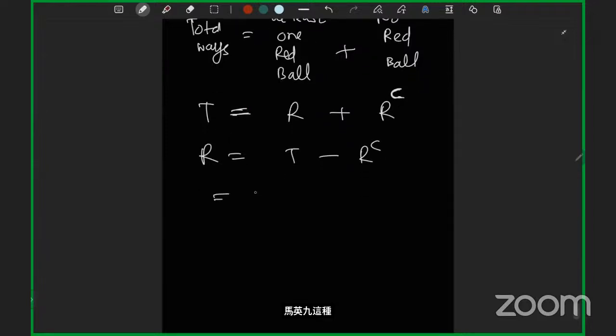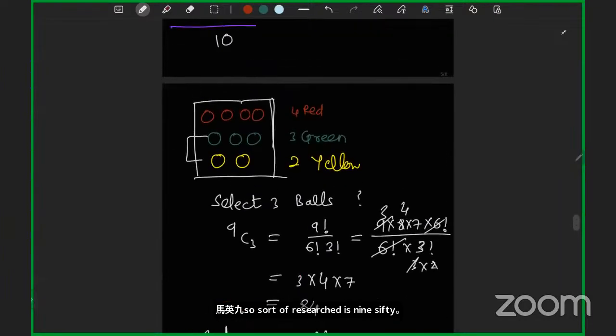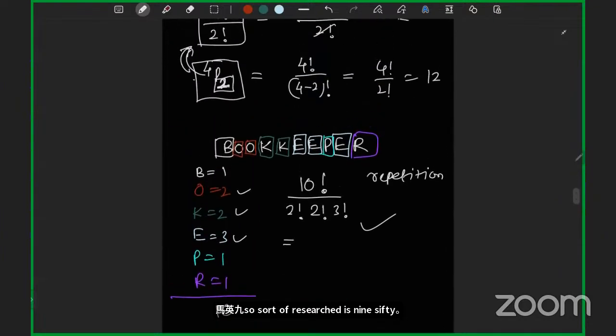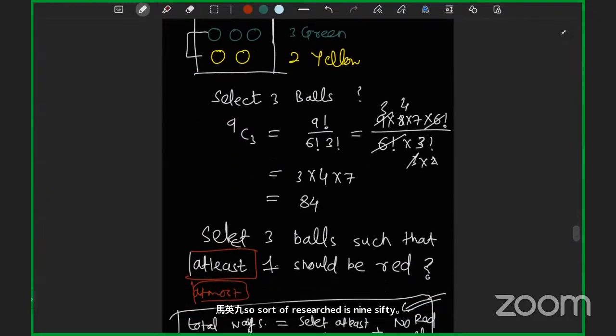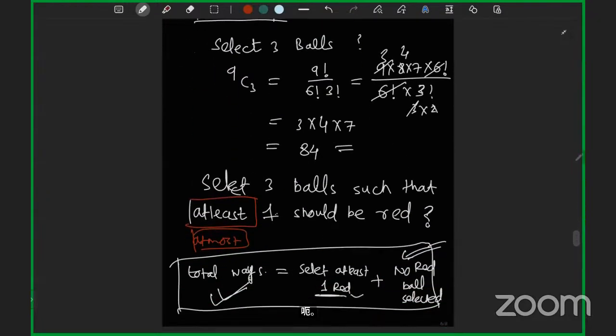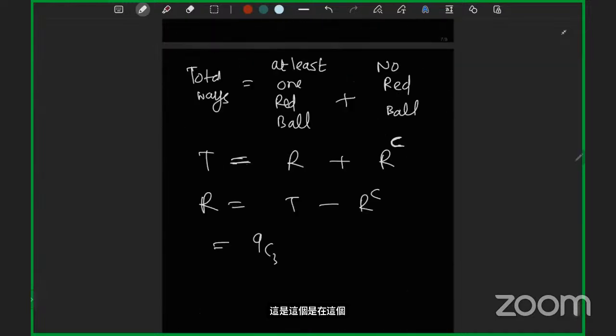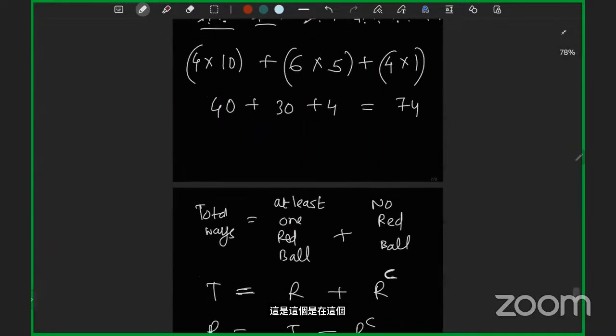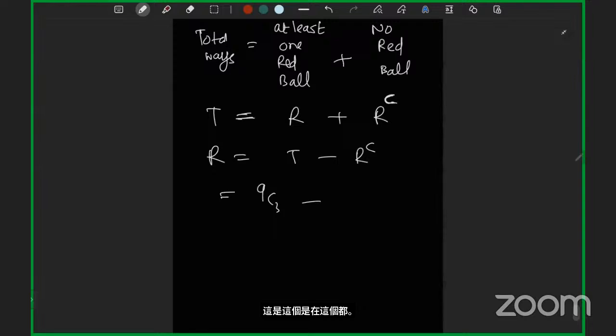So total ways to select is 9C3, which we did here. This is 84. And no red means I have 9 balls, out of that 4 are red, so 5 left. Out of 5, I will choose all three.